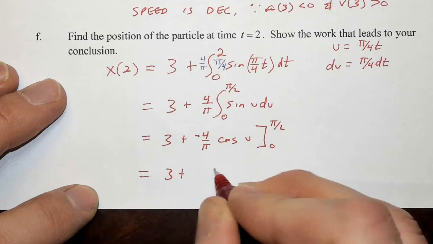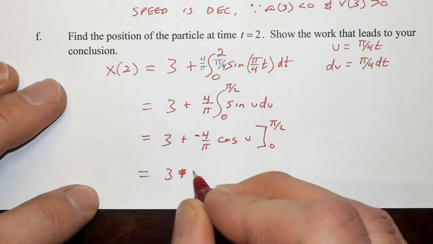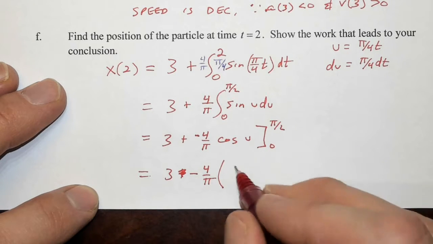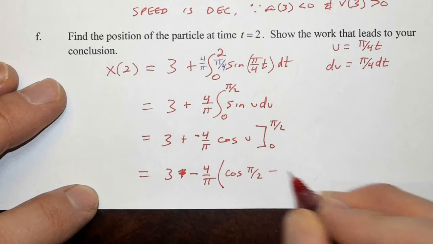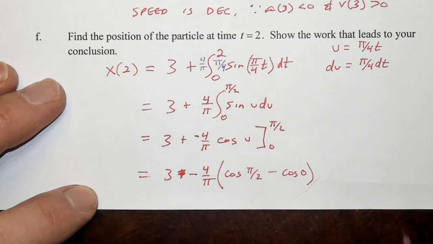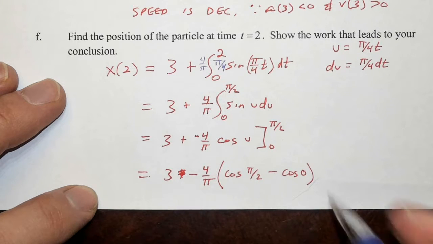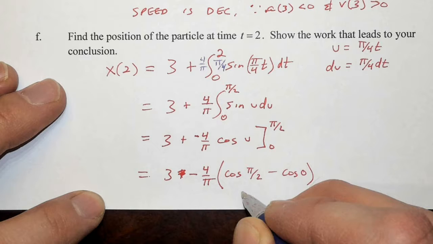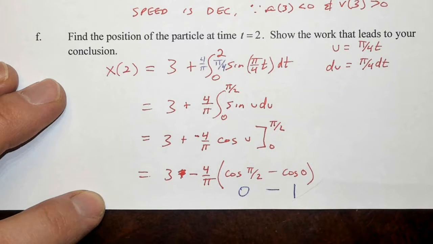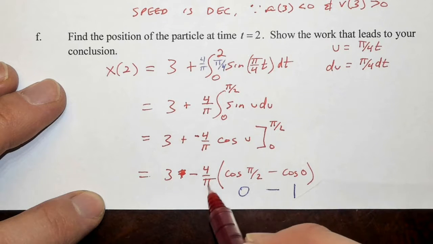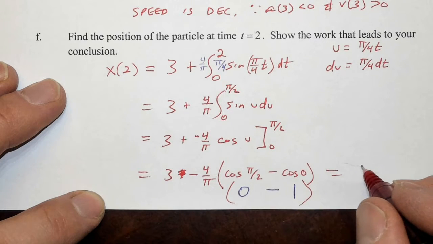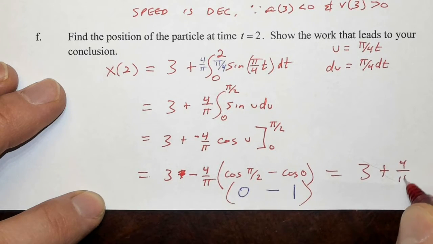We have 3 plus, actually we're going to make it a minus because we're adding a negative, so 3 minus 4 over pi, and we plug in pi over 2, so that's cosine pi over 2, minus, now we plug in 0. So cosine of pi over 2 from our trig chart, we know that is equal to 0. Cosine of 0 is 1. So we have 0 minus 1, or negative 1. So negative 4 over pi times negative 1 just turns it back to being positive. 3 plus 4 over pi.